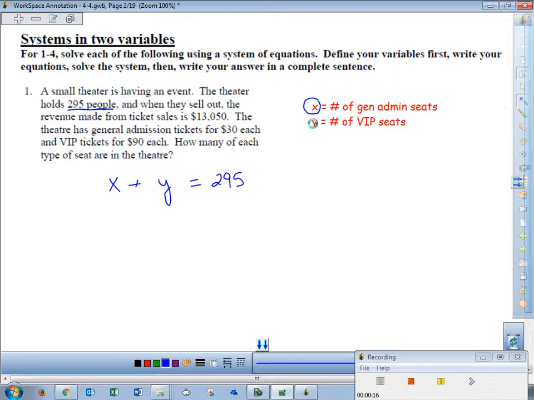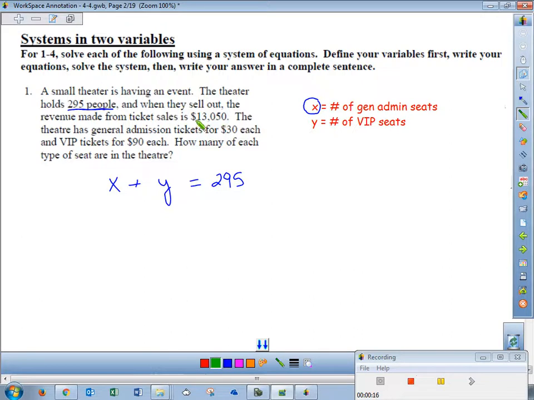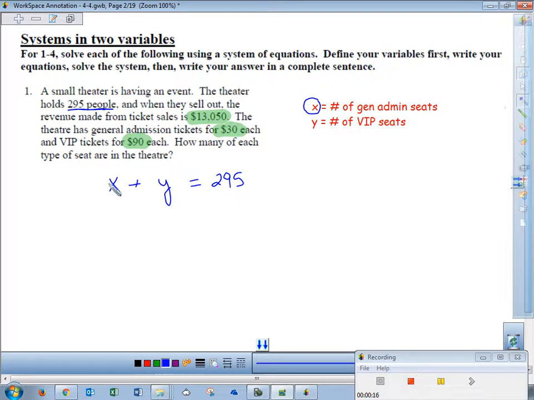That's what defining the variables does. It's how many GA seats are there? Oh, I don't know, so call that x, etc. Then the next equation will have to deal with money, right? So we've got some money right here, some money right here, and some money right here. So $30 for every general admission seat, plus $90 for every VIP seat.